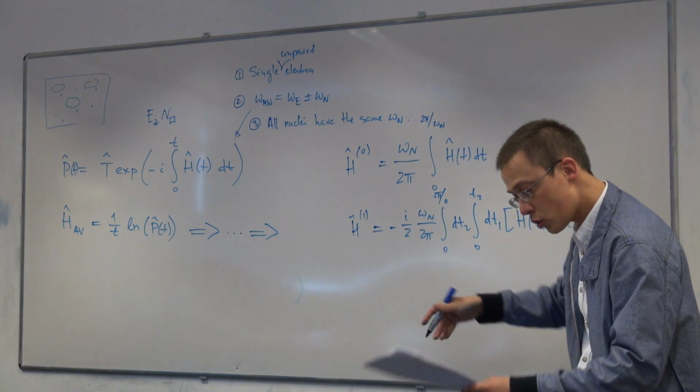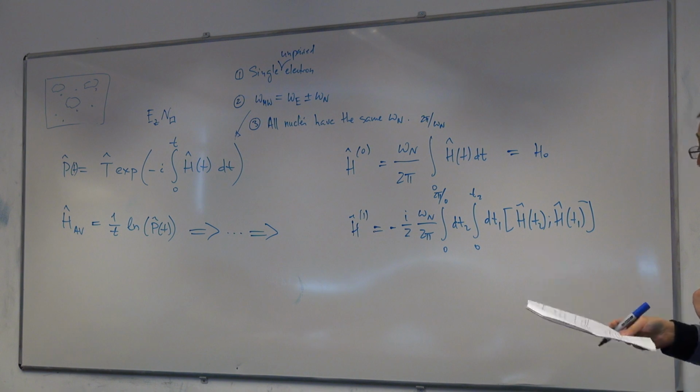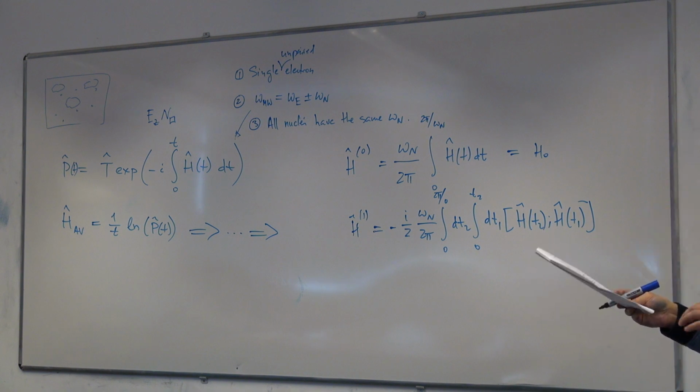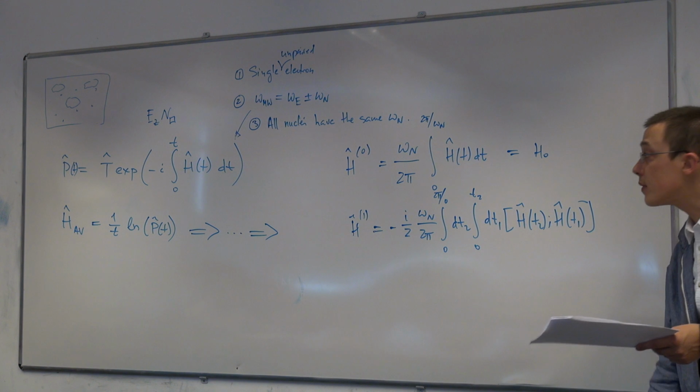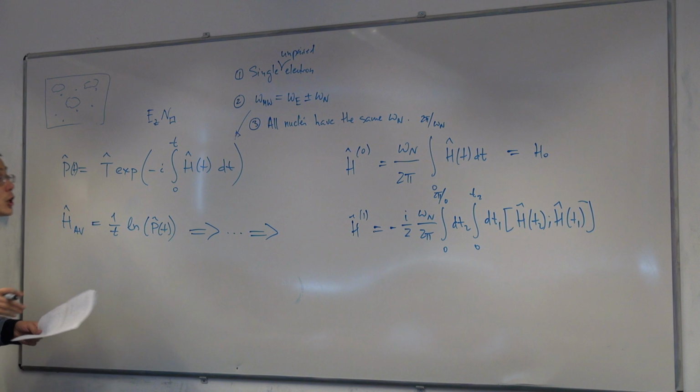And then there's an h2, which is in your handout, so just 2 nested commutators, and then this h3 and so on. And in the limit of infinity, it does converge to this most general expression for the average Hamiltonian. Again, this is something that a human should never do by hand. Use symbolic processing software.